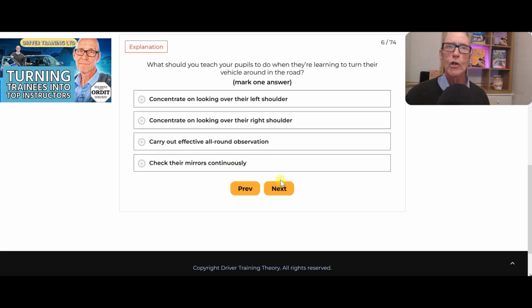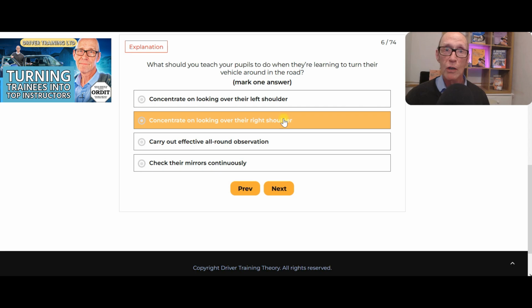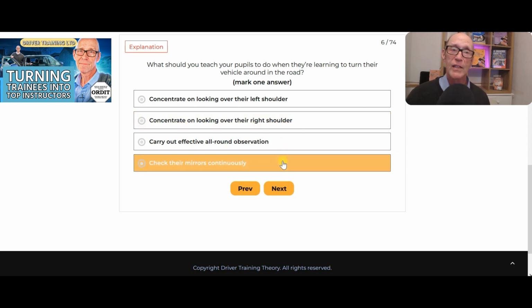Question 6. What should you teach your pupils to do when they're learning to turn the vehicle around in the road? Is it look over the left or the right shoulder? Is it to check their mirrors? Well, in fact, it's a mixture of all of those. Because you're turning the vehicle around, what used to be called a 3-point turn, which it never was, because if it was a narrow road, you could do it in 4 or 5 and it wouldn't be a fail.